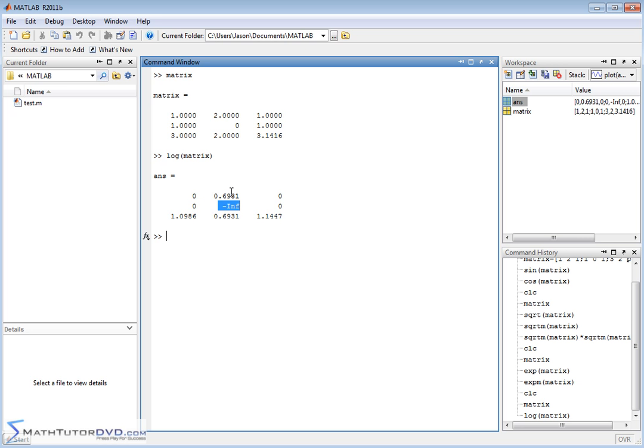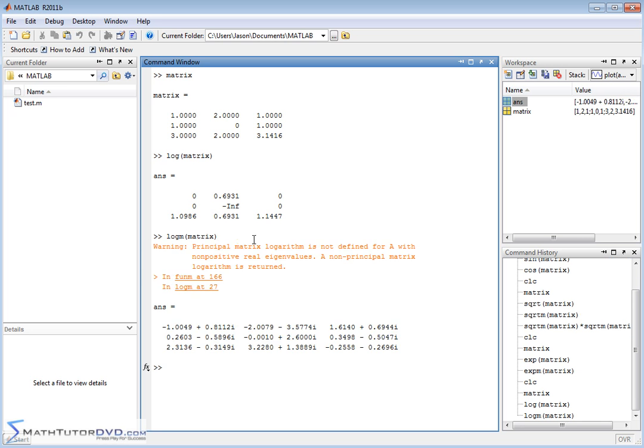But if you have a need to calculate the log of this matrix, not element by element, but as a mathematical entity, there's a definition for that, that mathematicians have figured out. Then you have another function called logm. That's the matrix logarithm. And it's giving you a warning. It's letting you know some things here about eigenvalues and stuff.